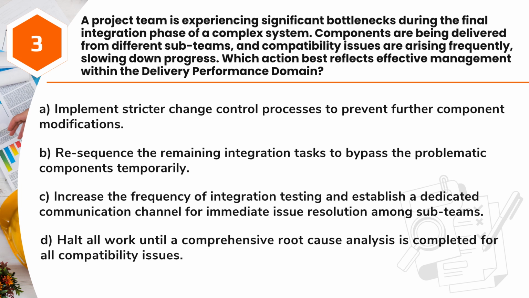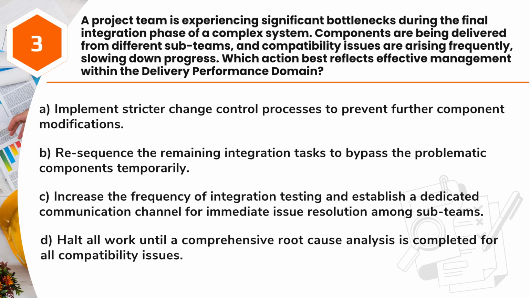Question 3. A project team is experiencing significant bottlenecks during the final integration phase of a complex system. Components are being delivered from different subteams, and compatibility issues are arising frequently, slowing down progress. Which action best reflects effective management within the delivery performance domain? A. Implement stricter change control processes to prevent further component modifications.